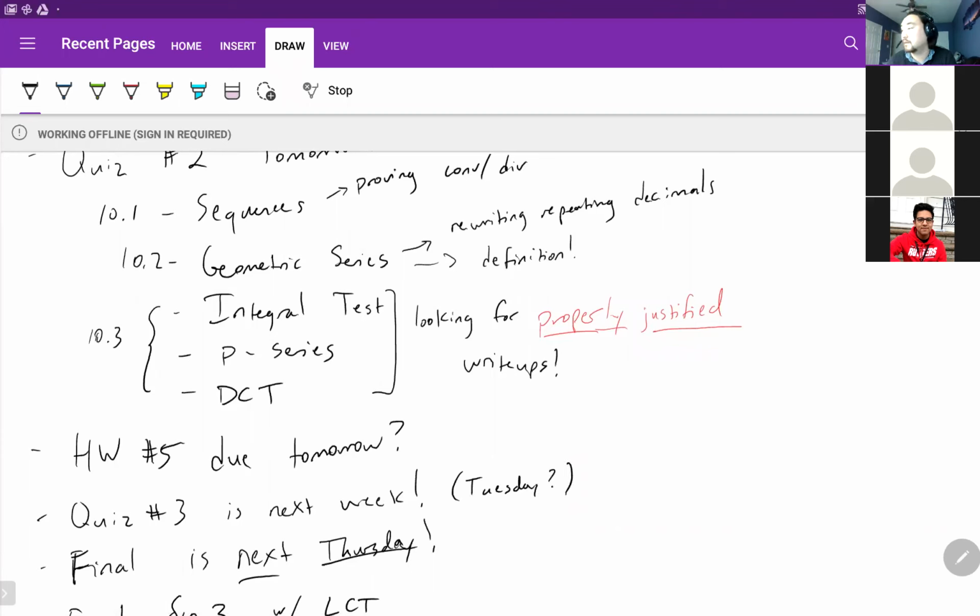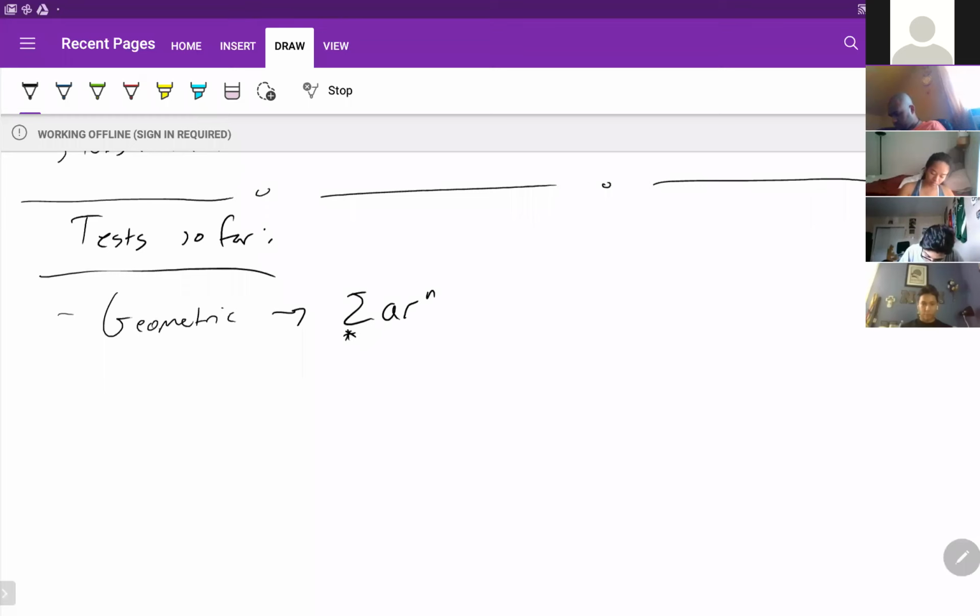First and foremost, let me write tests so far. The first type of series we talked about was geometric. It's not called the geometric test; they're just called geometric series that have properties that you should know. Geometric has the form A R to the N. Pay attention to the index, right?